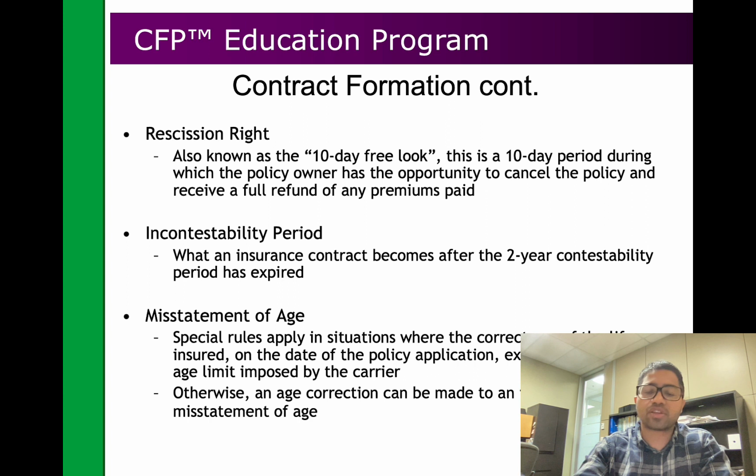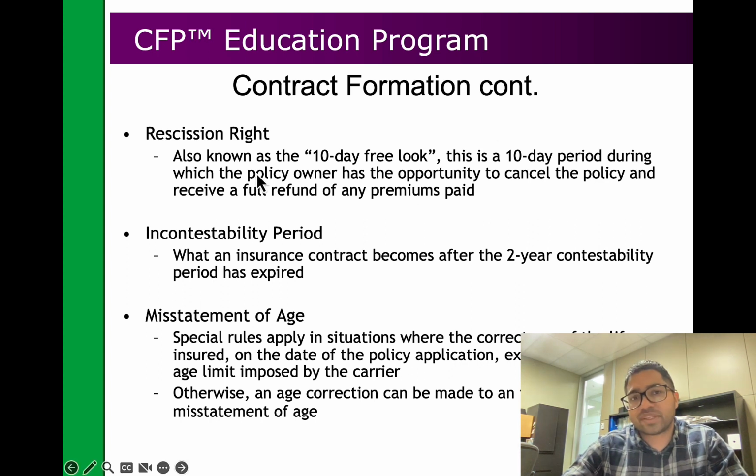If you cancel, you will be refunded the premium in entirety. So that is called the 10-day free look. This is a 10-day period during which the policy owner has the opportunity to cancel the policy and receive a full refund of any premiums paid. So whatever premiums you have paid, you get a full refund.